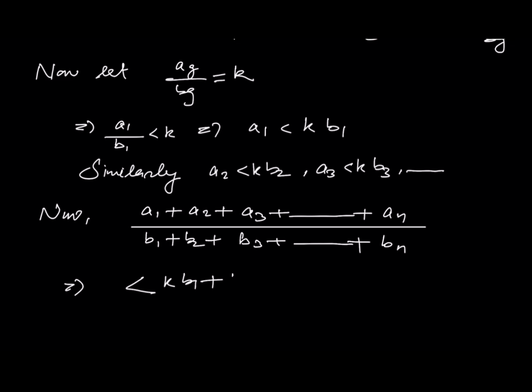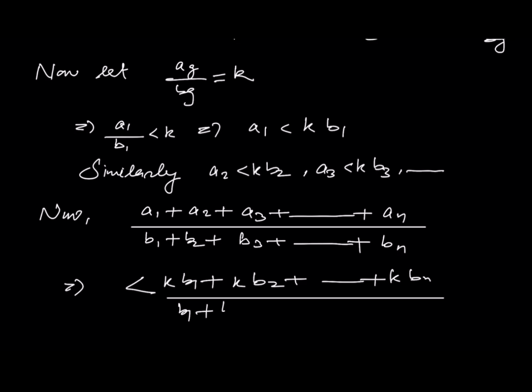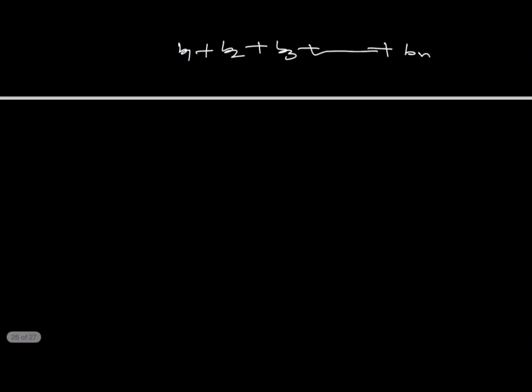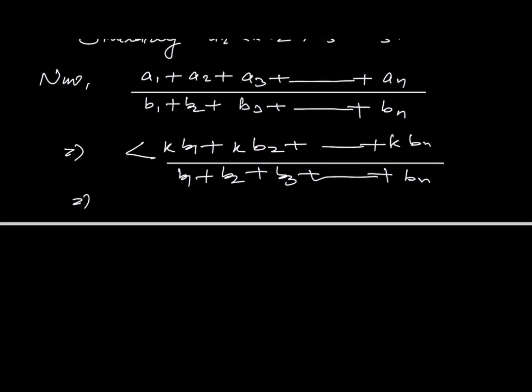(kb1 + kb2 + and so on up to kbn)/(b1 + b2 + b3 + and so on up to bn), right? Or less than k times (b1 + b2 + and so on up to bn)/(b1 + b2 + and so on plus bn), right?